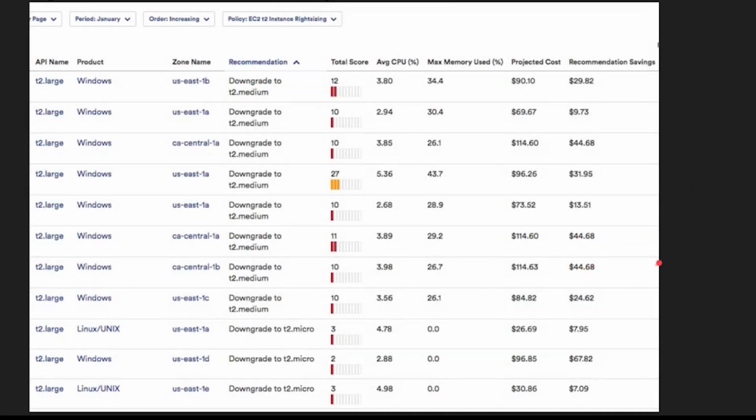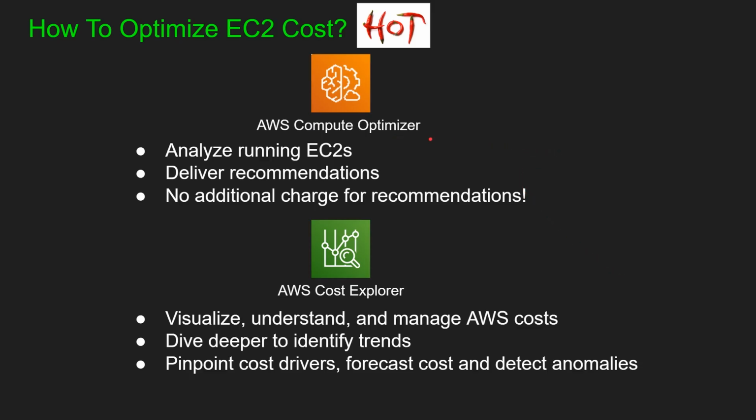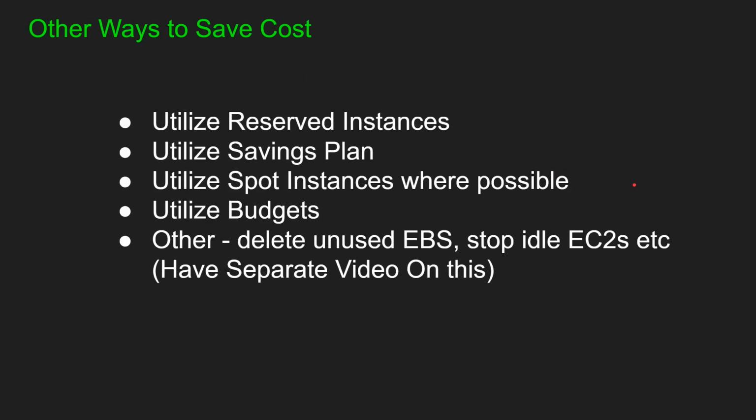So this is a sample screenshot from CloudHealth. You can see it shows, hey, currently you are doing T2.large, downgrade to T2.medium. You can see it shows average CPU, max memory use, projected cost, recommended savings. AWS Compute Optimizer gives you similar recommendation reports as well. And there are other ways to save cost.